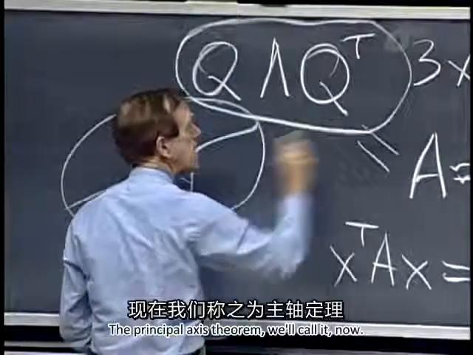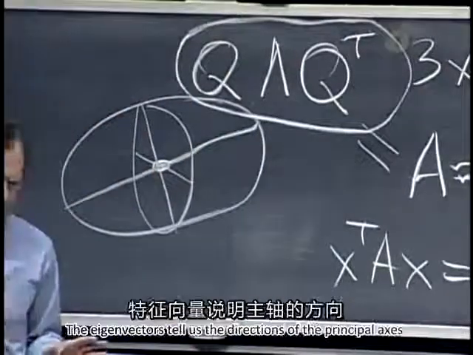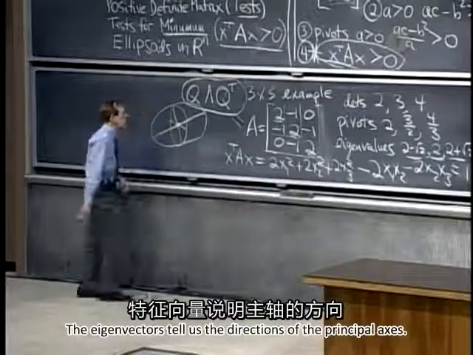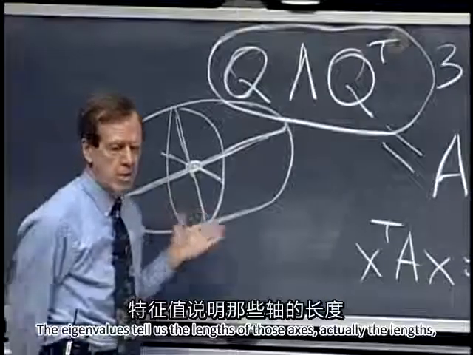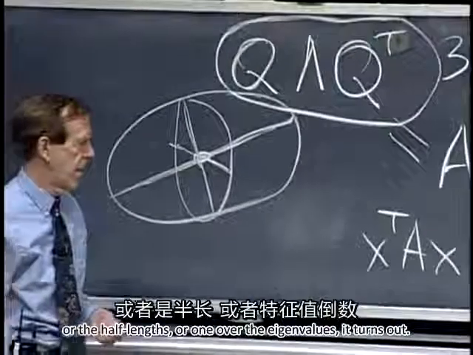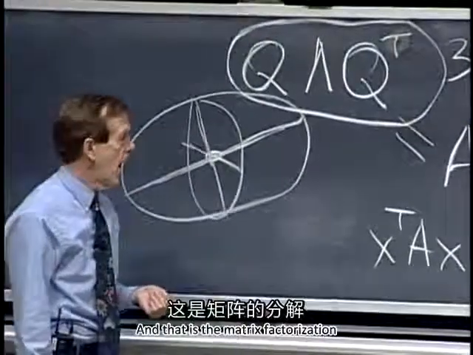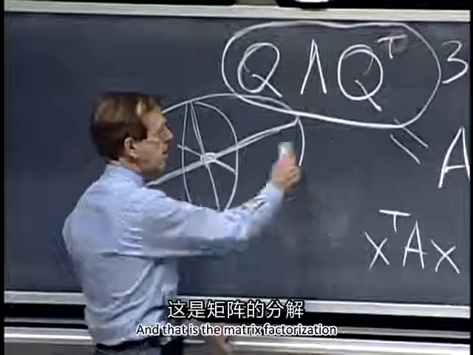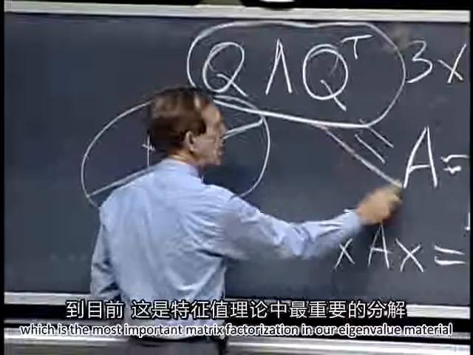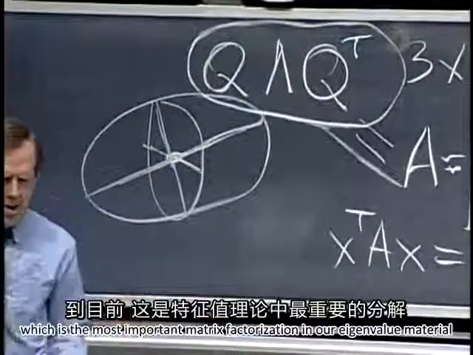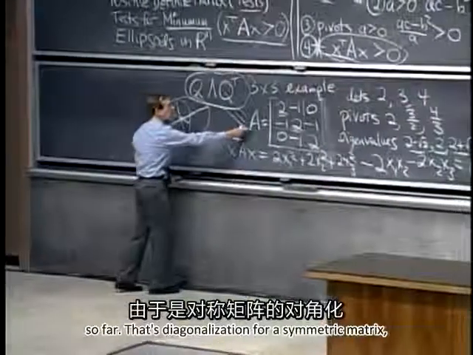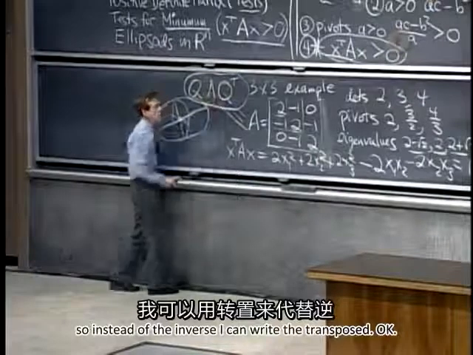The principal axis theorem, we'll call it now. The eigenvectors tell us the directions of the principal axes. The eigenvalues tell us the lengths of those axes. Actually, the half lengths are 1 over the square roots of the eigenvalues, it turns out. And that is the matrix factorization, which is the most important matrix factorization in our eigenvalue material so far. That's diagonalization for a symmetric matrix, so instead of the inverse, I can write the transpose.